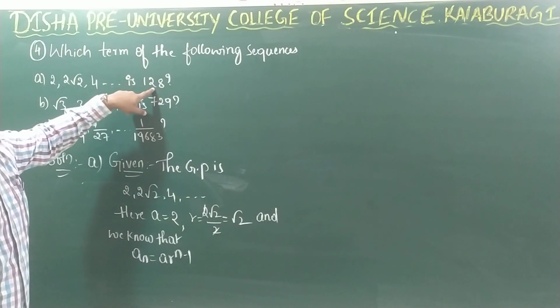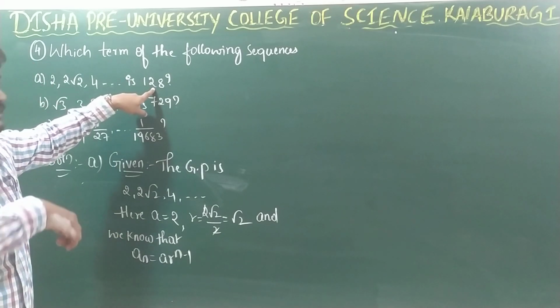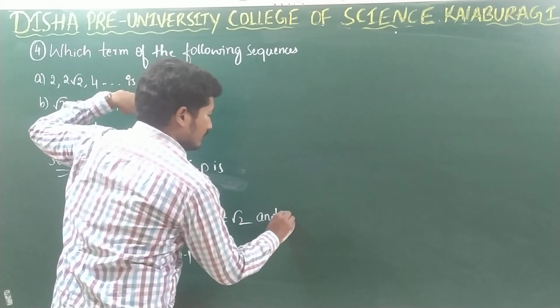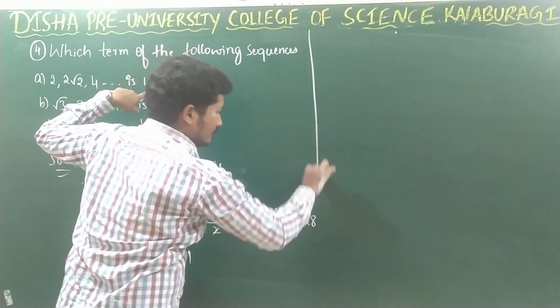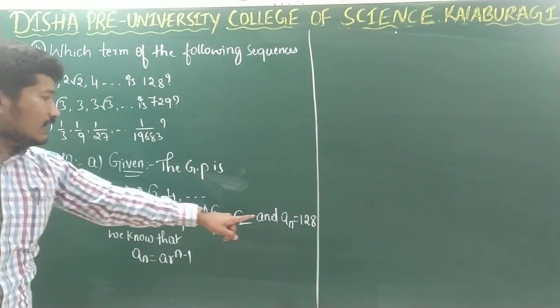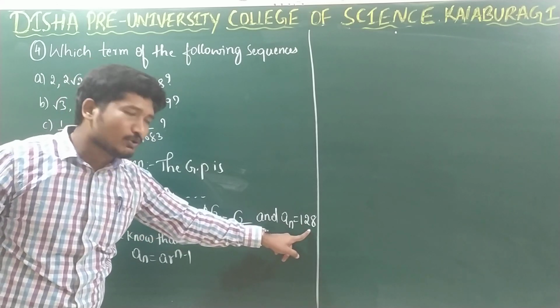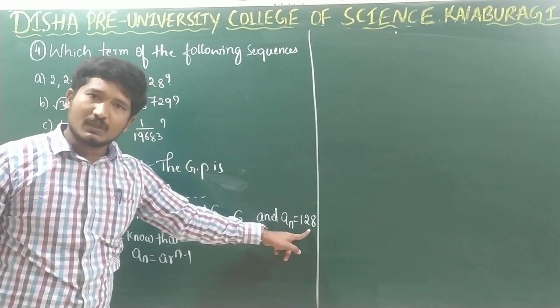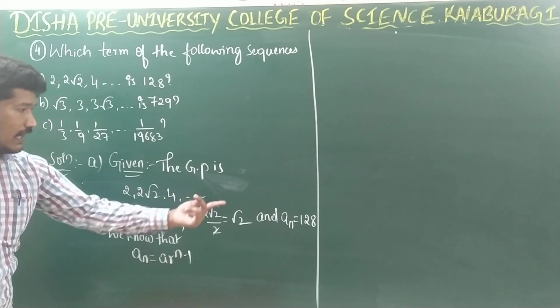We don't know at what position this term is present. We have to calculate that only. So let us take this as the nth term. An is equal to 128, right? So now, if I calculate the value of n, will I come to know at what position this term is present? Am I right?